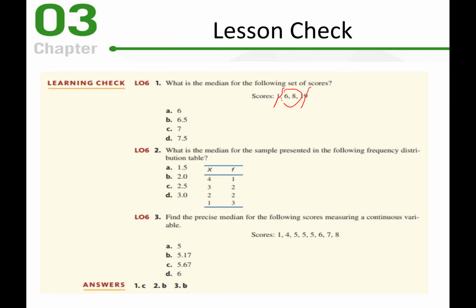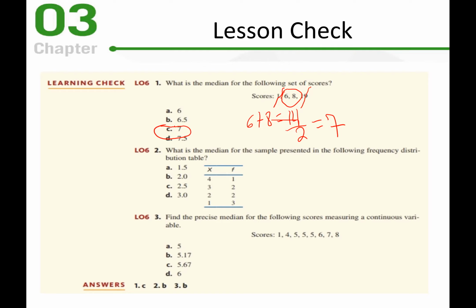And that leaves us with two scores of 6 and 8. So if we add 6 plus 8, that's going to give us 14. And if we take 14 divided by 2, it's going to give us 7, right? So our answer for this question is 7.